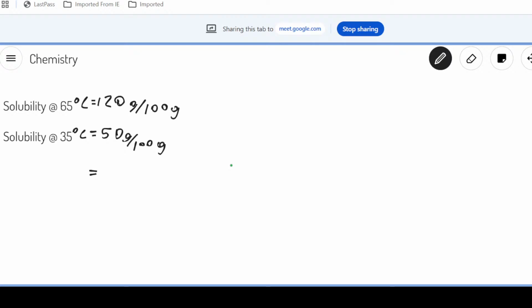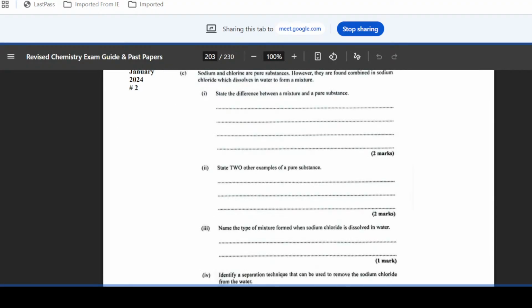A mixture is made up of more than one substance. It's a combination of more than one substance, combined by physical means, and it means that they can be separated. A pure substance is only made up of one type of particle.